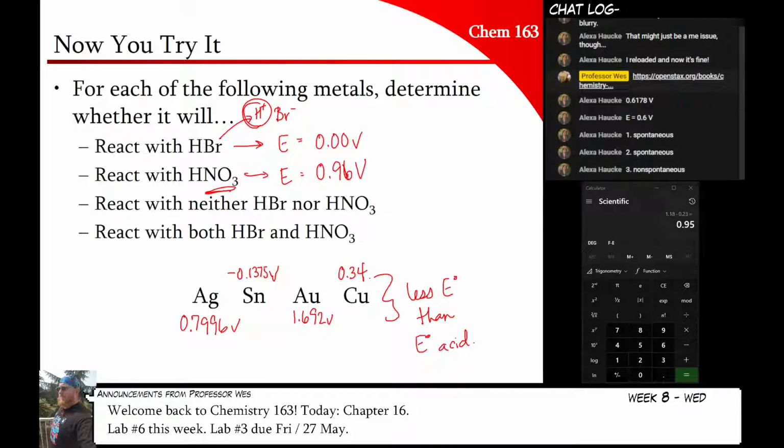Alright, so this number needs to be less than the E of the acid. So silver here is not less than the H plus, so HBr won't react with it. But HNO3 will, so silver reacts with nitric acid.